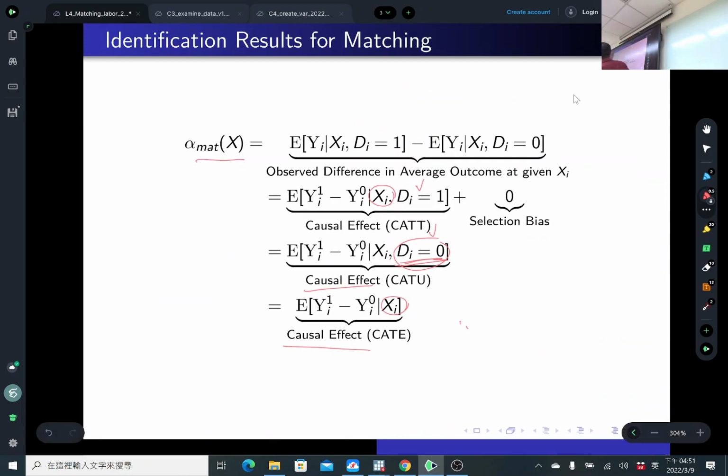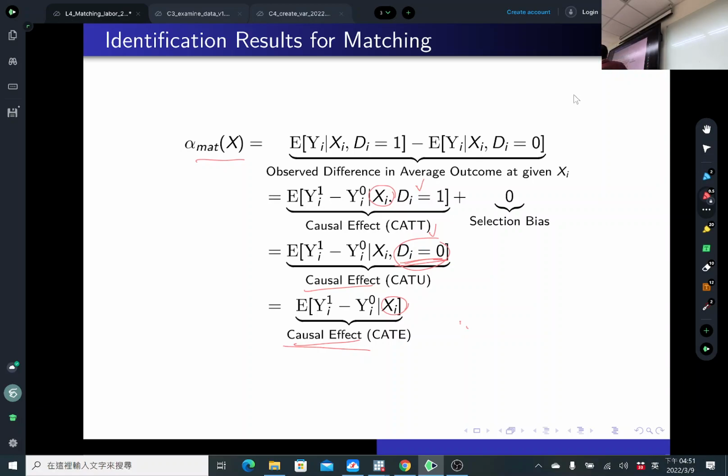Okay. So how to get this is very simple, because now the matching method can help us get each subpopulation's causal effect. For example, we just match people who are 40 years old in the treatment group and in the control group, and their earnings difference gives the job training effect. And we also get the age 41, age 42, age 44.